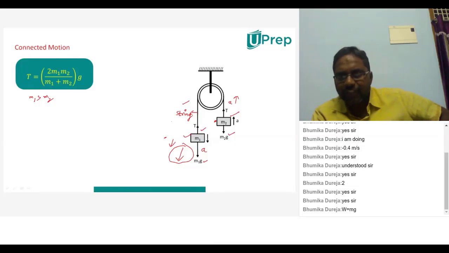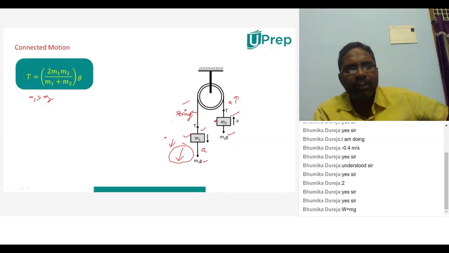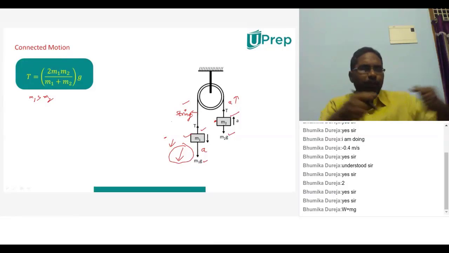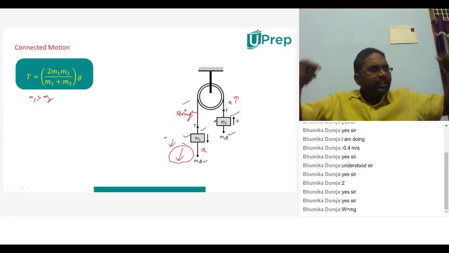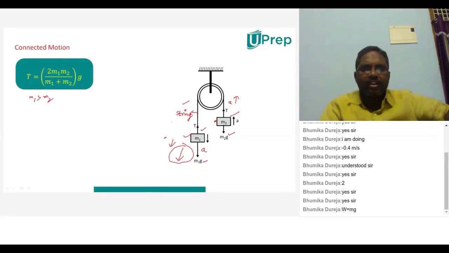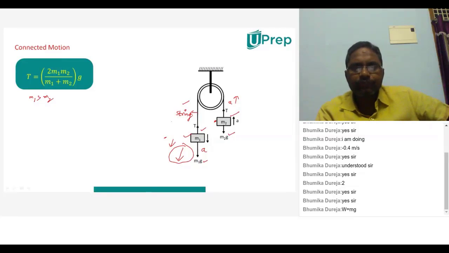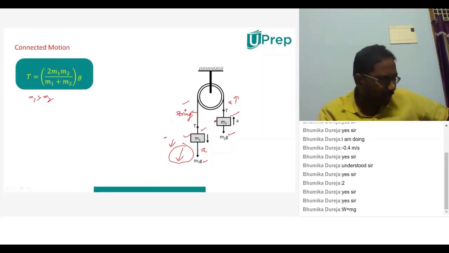When weight is acting in the downward direction, suppose you and your friend take one string and pull each other, in that string some force will be there or not? Yes, sir. What will that force be called? That force will be called tensional force. Tension.